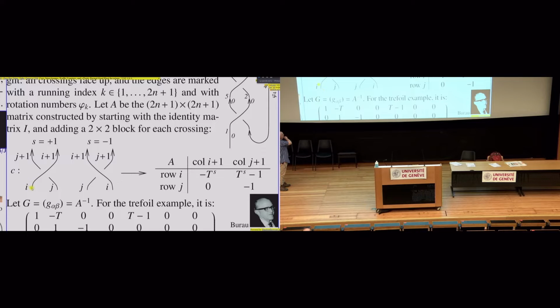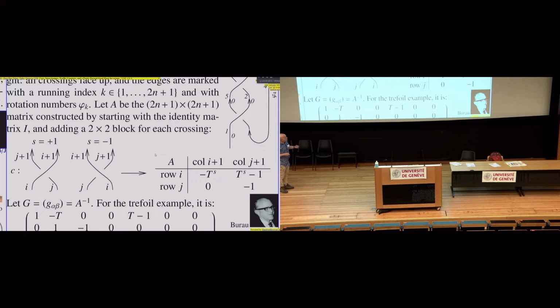And also, it has two indices associated with it: I, the index of the incoming upper edge. So it's always I, the upper edge is always I. And J, the index of the incoming lower edge. And this, of course, means that after that, there is I plus 1 and J plus 1.